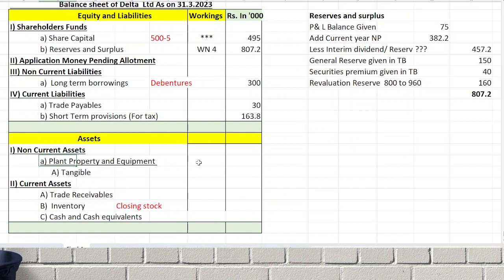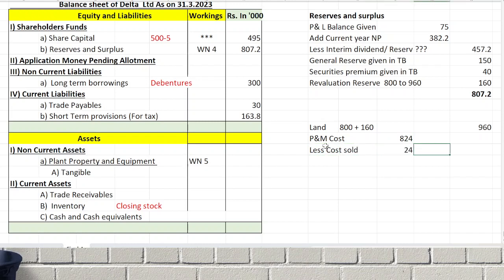Asset side, plant, property and equipment, working note number 5. What is the land value? 800 plus how much? 160, including revaluation, so it becomes 960. What is the plant and machinery cost? 824. Less cost of machinery sold, 24.